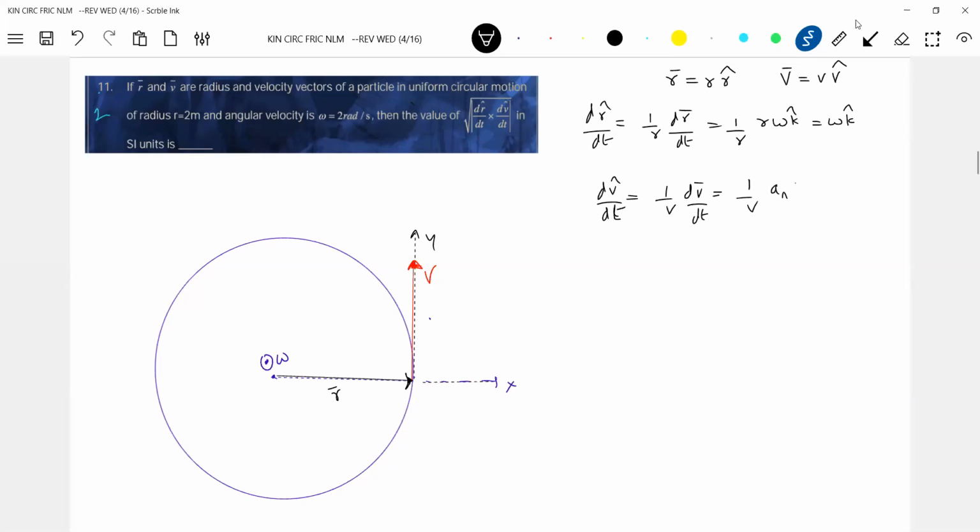And how will it be directed? Minus i cap. And in fact, further, what is a n? You can write its magnitude as v omega, in the direction minus i cap.